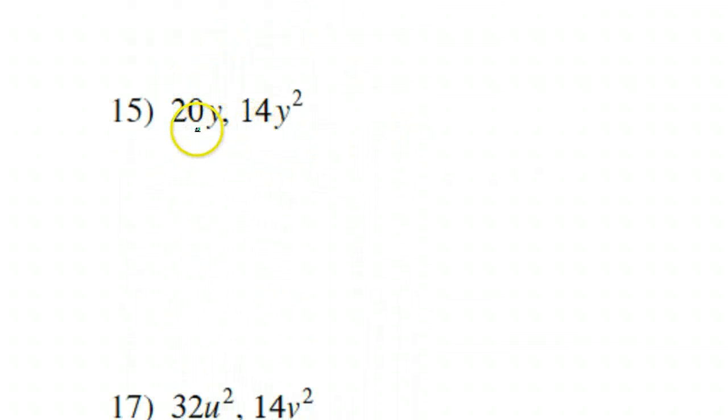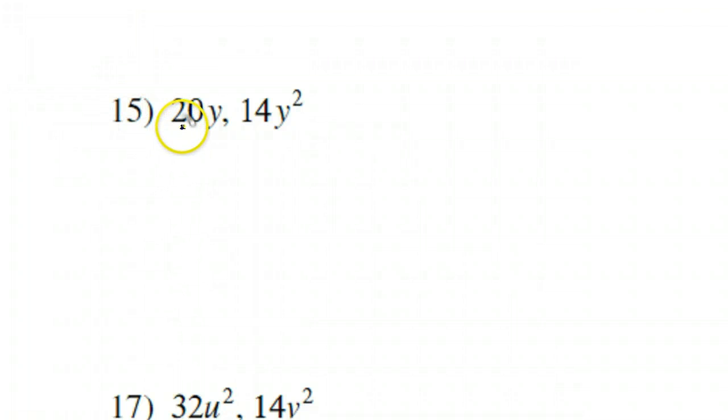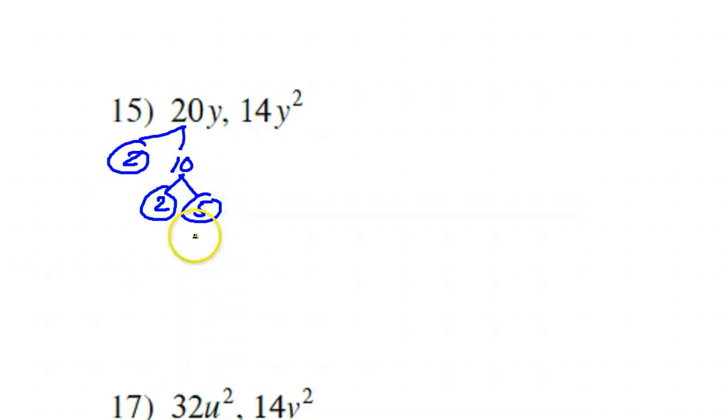Now, if you glance at it and you don't immediately know what the least common multiple is, I would use prime factorization. So, looking at the 20, it is 2 times 10, and 10 is 2 times 5. These are all prime.